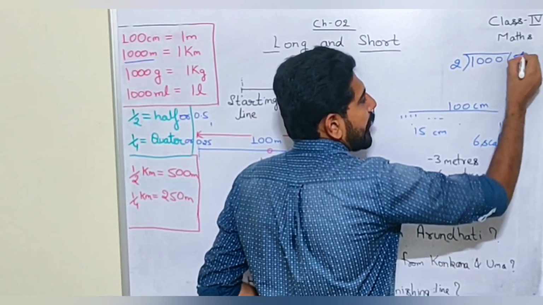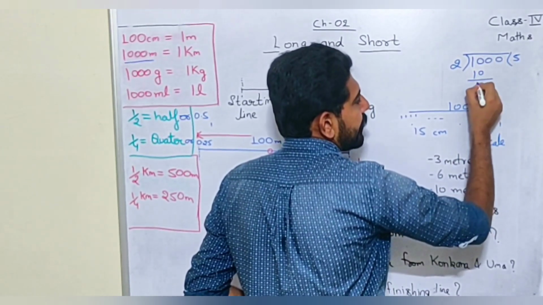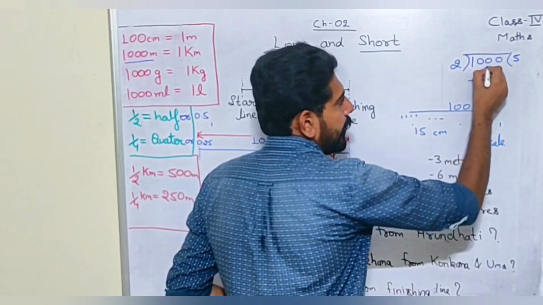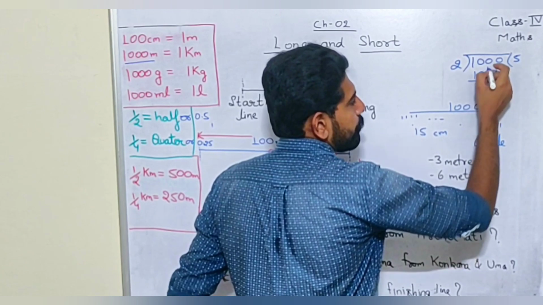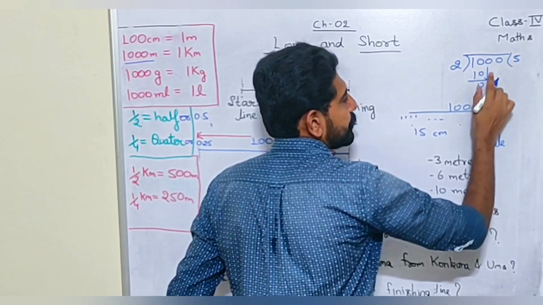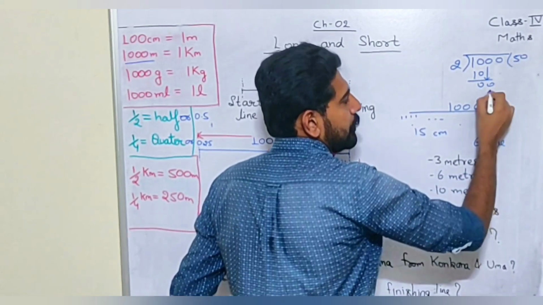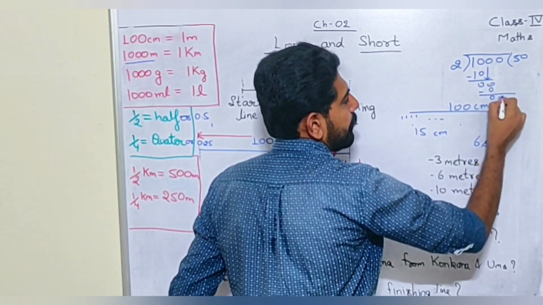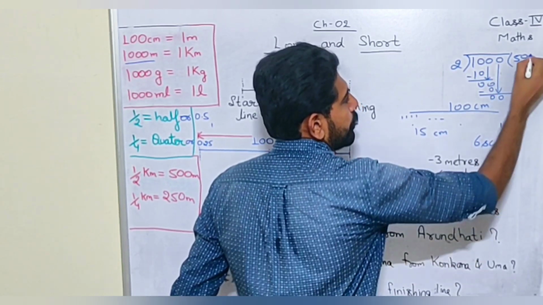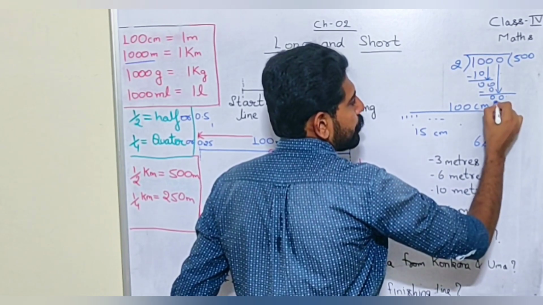Two 5s are 10, 0, and this 0, there are two zeros. First I will take this 0, two zeros are 0, again we will take this 0, two zeros are 0.